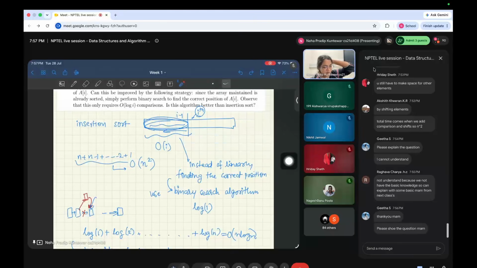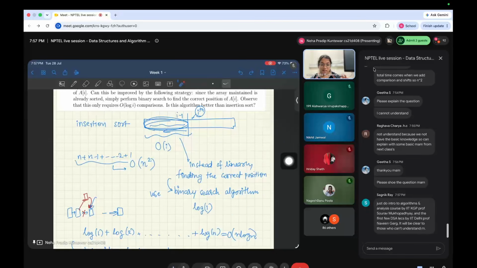But the question is, instead of an array, if I use a linked list, I can do this insertion quickly, right? If I know the correct position, I just need to update 2 pointers. So this is order one amount of time. So does this mean that instead of an array, if I were to use a linked list, I can do better? Is the question clear now?